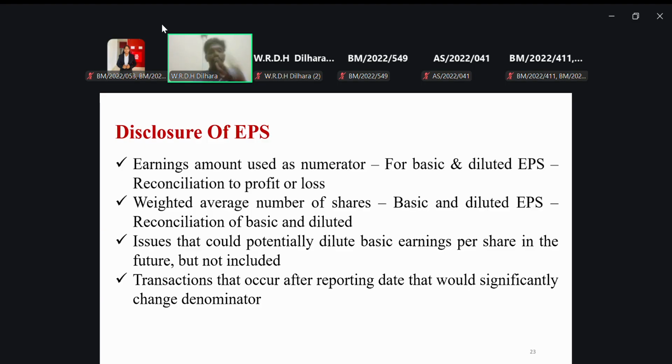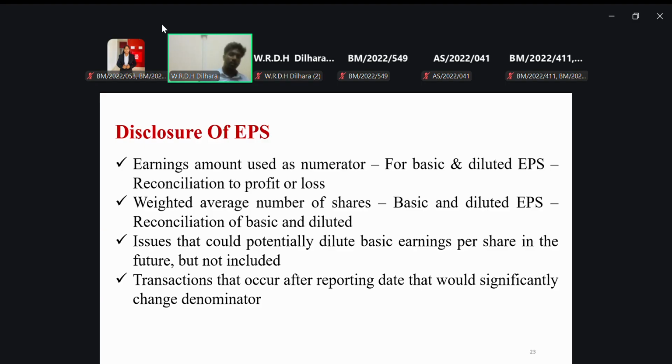That reconciliation we need to show in the disclosures in such notes, as per the standard, and also the weighted average number of shares. When we take the weighted average number of shares, we need to show how we get this weighted average number of shares based on the equity statement. In the equity statement, you can see the number of ordinary shares.